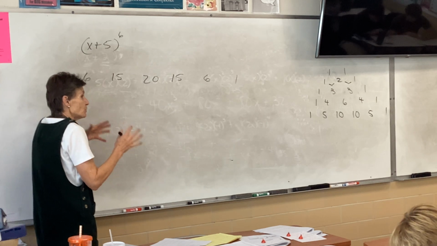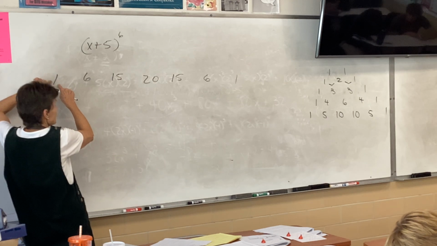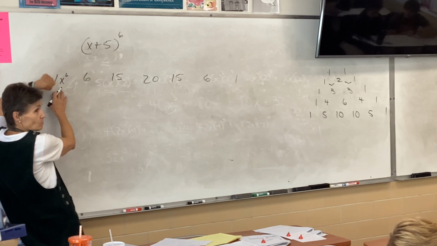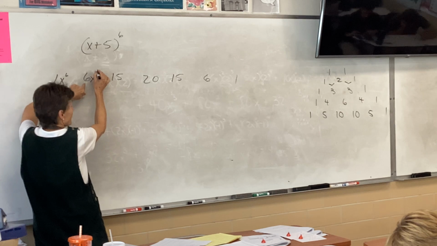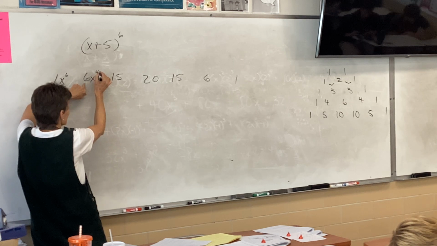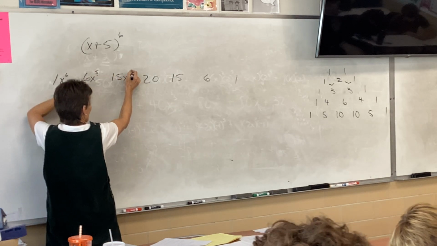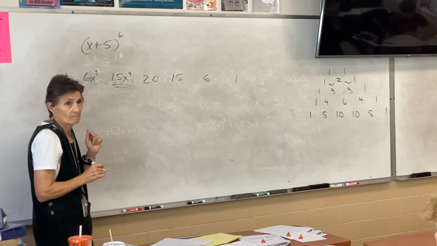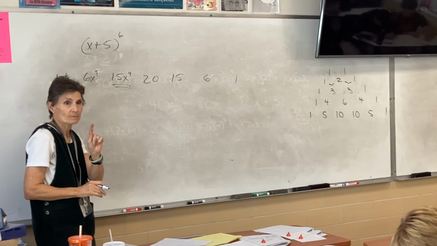And if we were doing the entire expansion, on this first term the power on x would be 6. Would you agree with that? Here, the power on x would be 5. And here it would be 4. That's the term we want, because it says x to the 4th. Does that make sense to you?